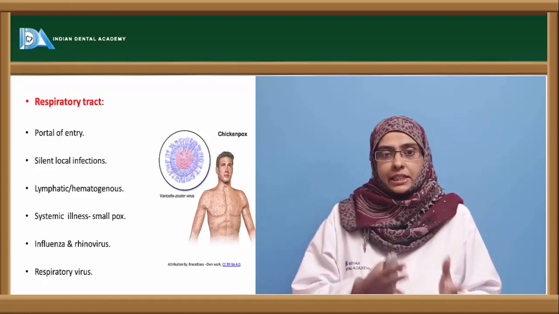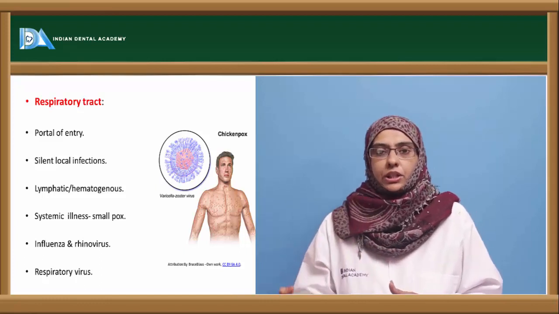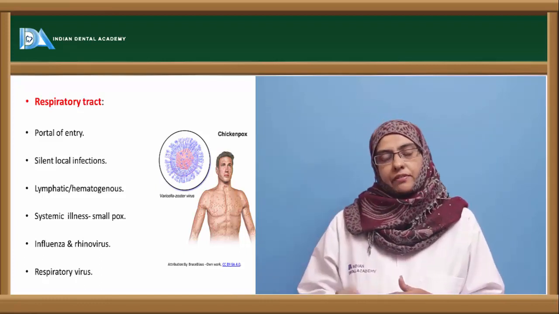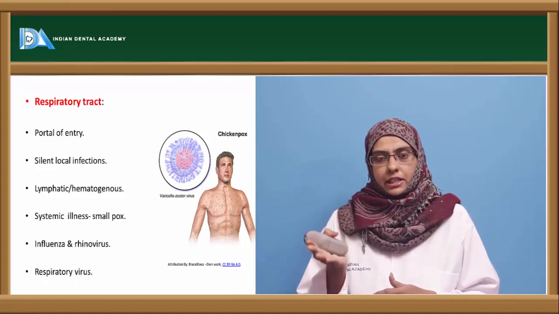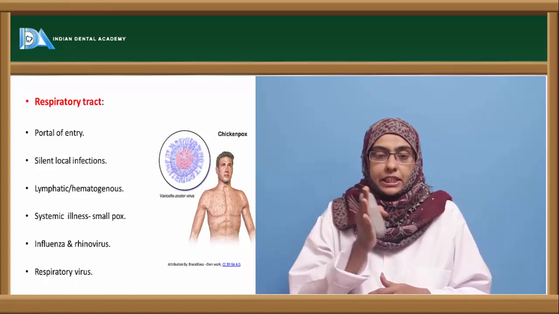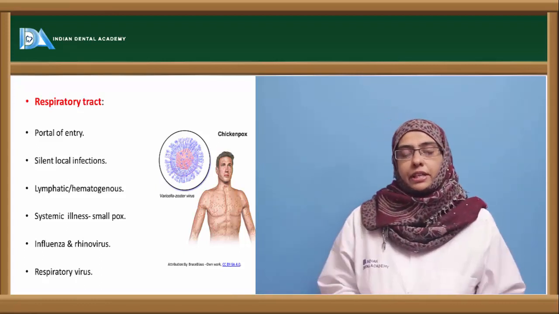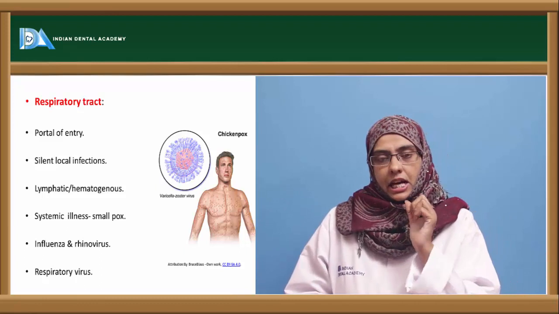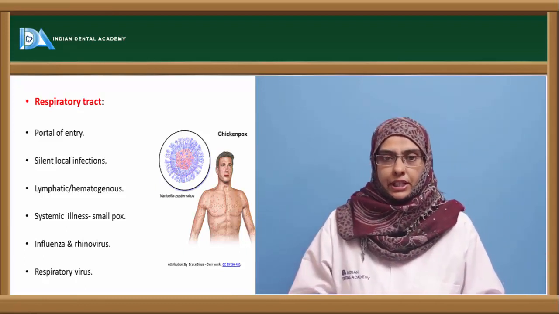When they reach the target site, the organism will have the ability to multiply effectively and show the pathogenic effect by producing the lesion. So in the respiratory tract as portal of entry, there is an initial multiplication, after which there is a dissemination of the virus to the various parts of the body. Once they reach the target organ, they will have the ability to actively multiply and show the pathogenic effect.